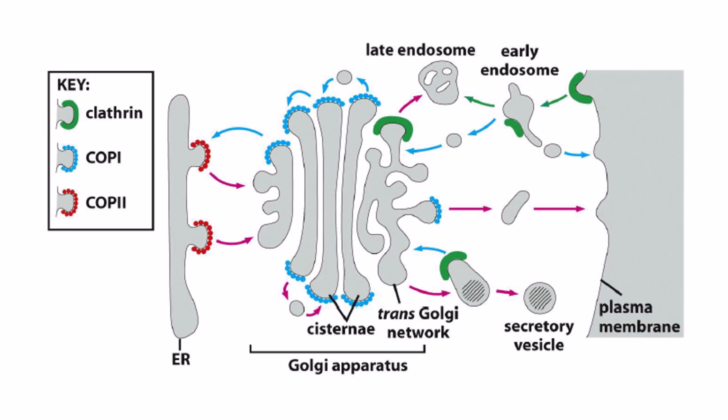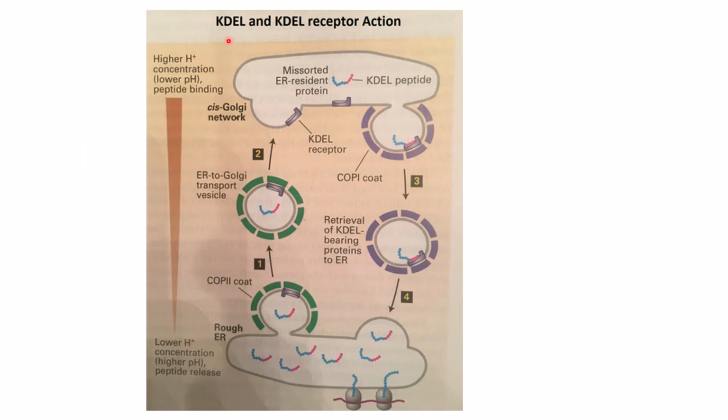Now again, before coming to the question, I have one more concept, that is KDEL receptor action. This is the endoplasmic reticulum, synthesizing proteins, and proteins are moved from the endoplasmic reticulum to the Golgi through COP2 coated vesicles. If a protein which is destined to be present in the endoplasmic reticulum by mistake got transported to the Golgi complex, what will happen?